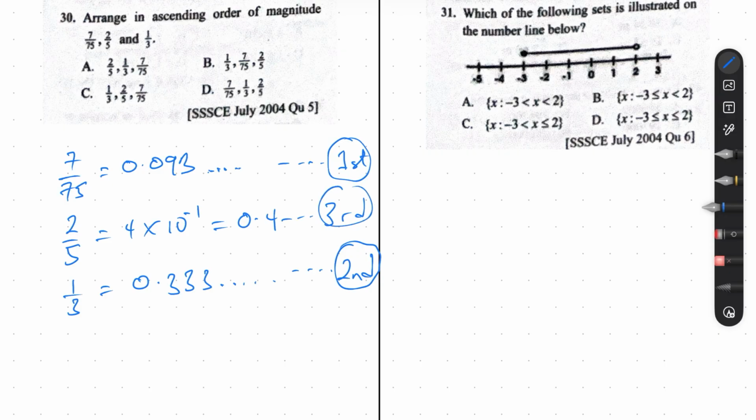Okay, so that means our answer will be 7 over 75, 2 over 5, 1 over 3. No, let's go back.